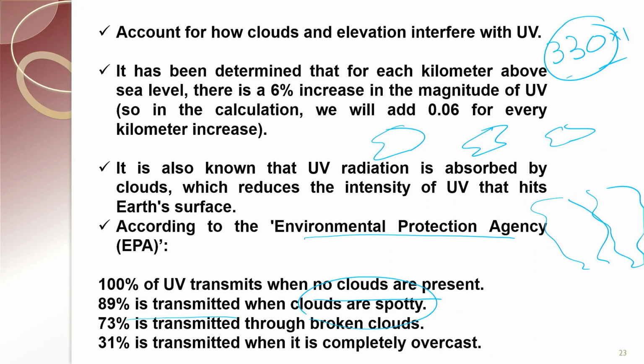For completely overcast weather only 31% will get transmitted, but the rest, around 70%, will be absorbed by the overcast cloud. So, in cloudy weather if we go out, the chances of UV radiation coming to our body will be less.